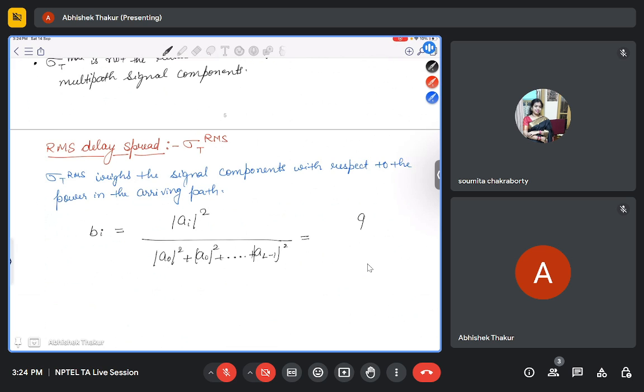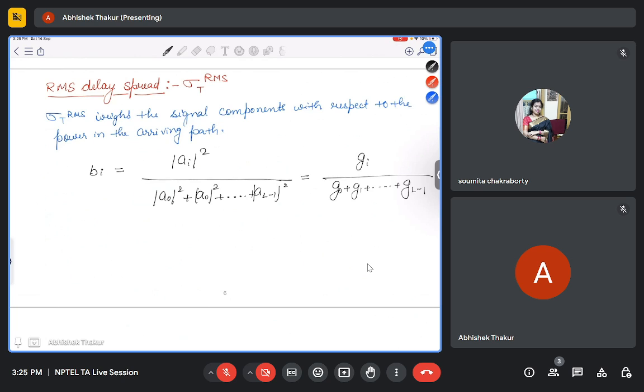This can also be written as Gi by G naught plus G1 plus up to G of L minus 1. So this is our new quantity.